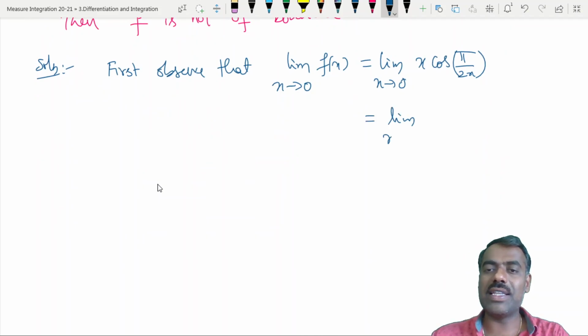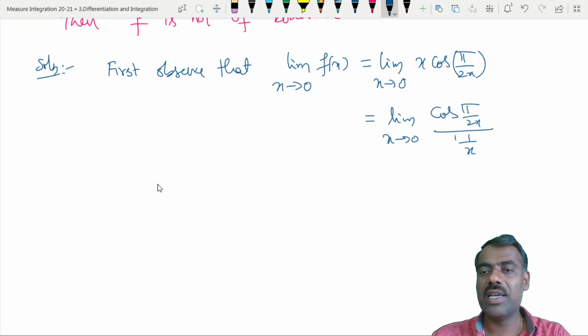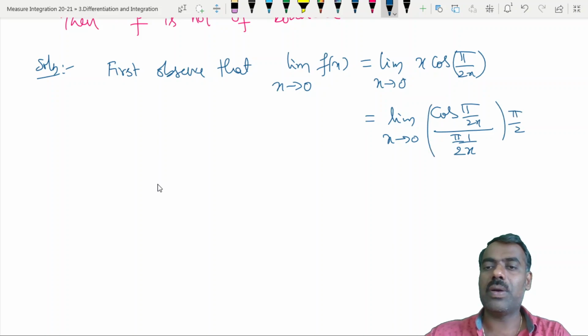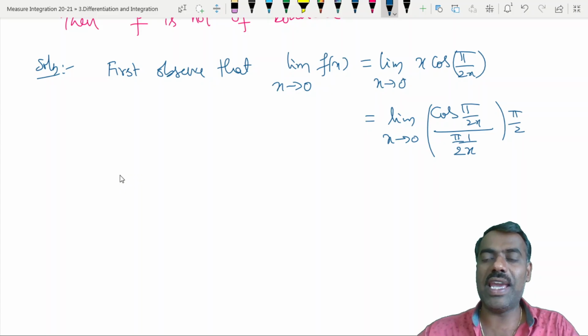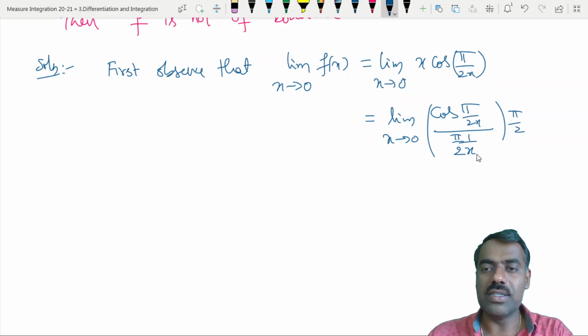This is the same as saying the limit as x tends to 0 of cos pi by 2x upon 1 by x, then you multiply by pi by 2 here, and then you just divide by pi by 2. This is the same as the limit as x tends to 0 of cos x upon x, which is 0. So therefore this entire value is 0.